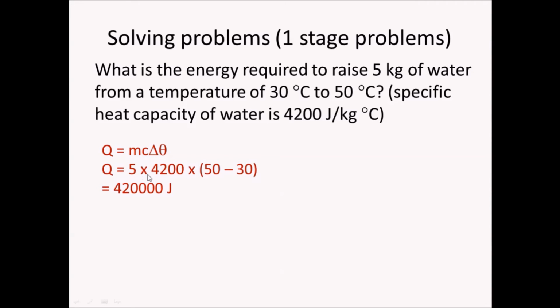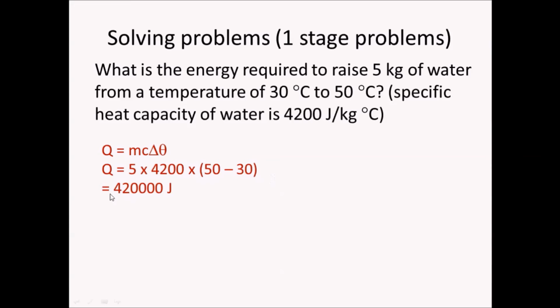m is the mass, c is the specific heat capacity of water, and Δθ is the change in temperature. One thing you need to bear in mind is that the change in temperature must always be the higher minus the lower. You don't care about the order, whether it's increasing or decreasing in temperature. You just take the higher value minus the lower value, because the change in temperature must always be positive.